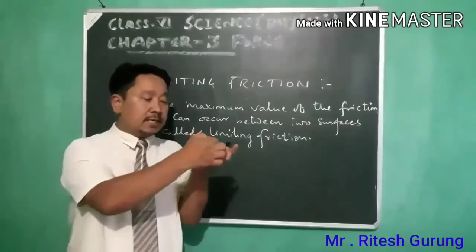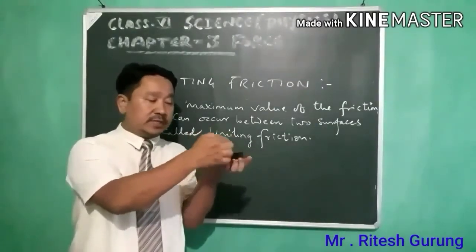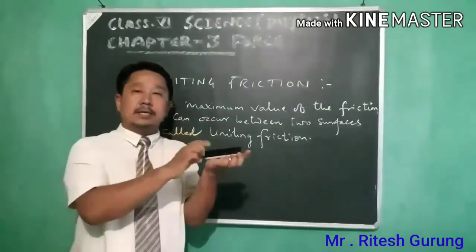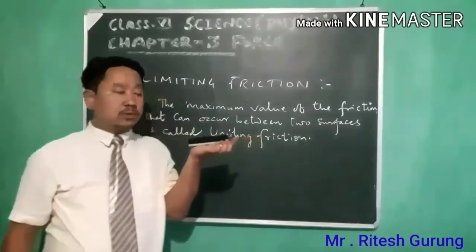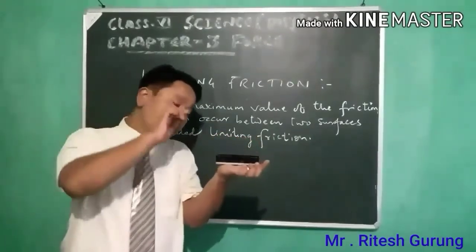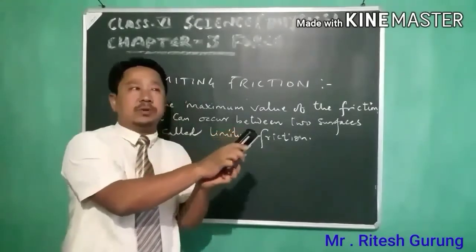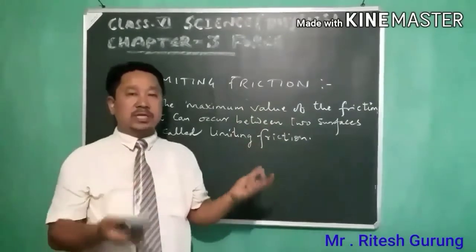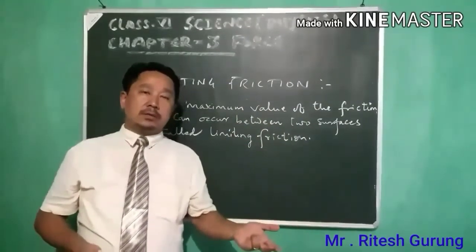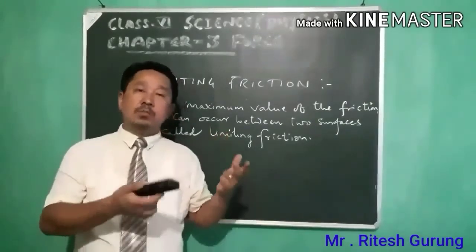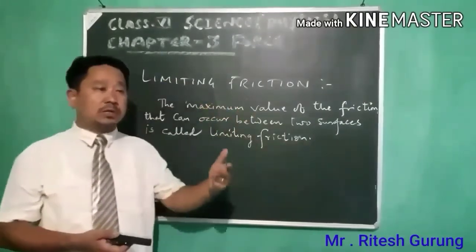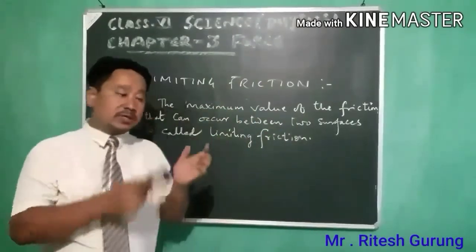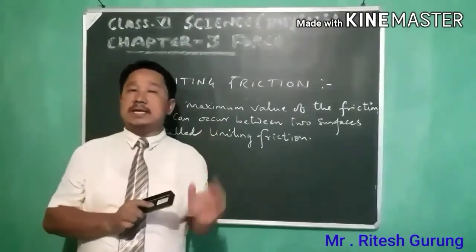To some extent it can increase, but after a certain limit the friction doesn't increase. So when you apply more force, then it will move. Otherwise, things kept on a table or anywhere could not be moved if the frictional force kept on increasing in the opposite direction. But it doesn't happen so, because the frictional force also has its limit.